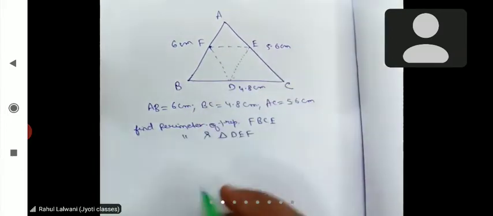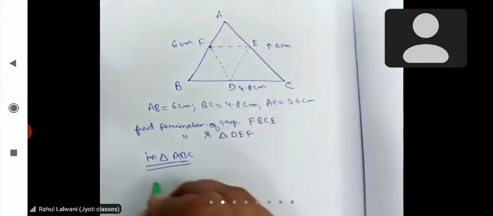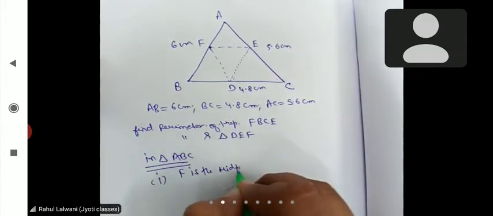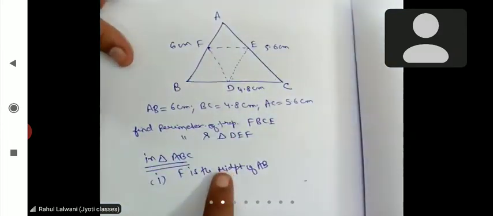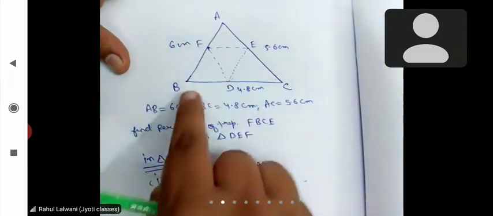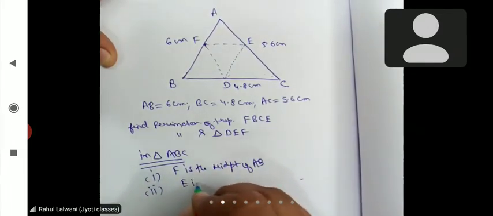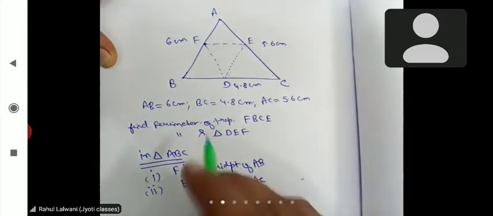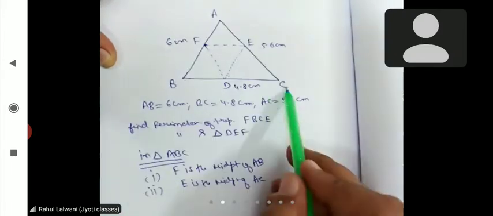Now, in triangle ABC, F is the midpoint of AB, and E is the midpoint of AC.